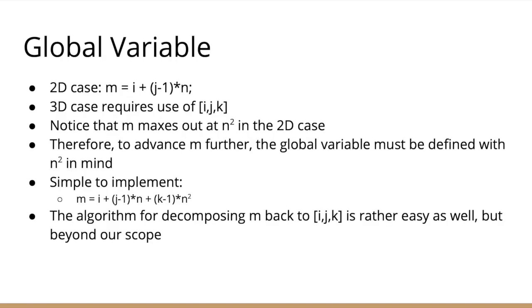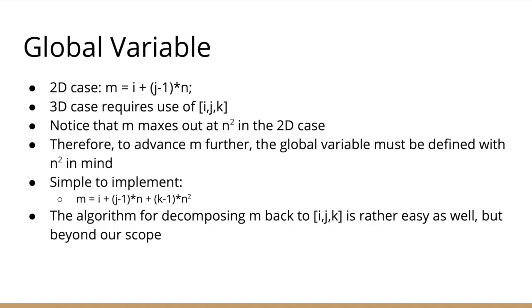So, the global variable, if you remember from numerical analysis, is how you keep track of multiple variables in one single matrix. For 2D, where, for example, you have change of temperature in the y direction and x direction, you have the 2D case of the global variable. However, once you move into the z direction, you need to have 3 different indices, i, j, k.